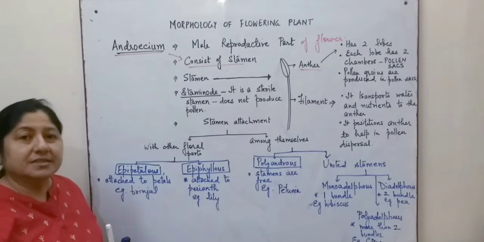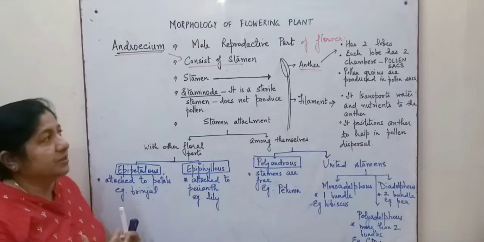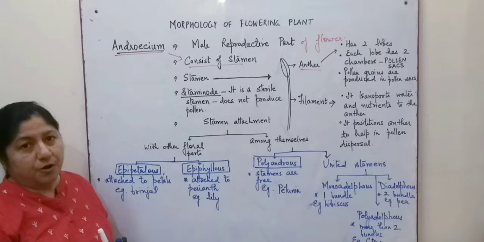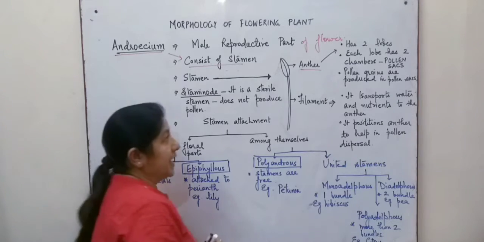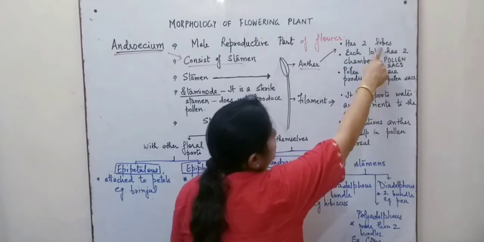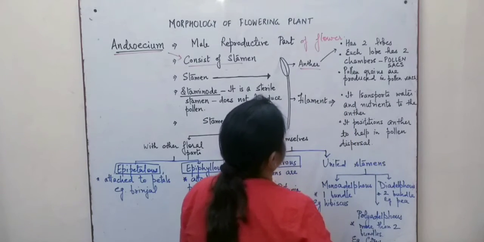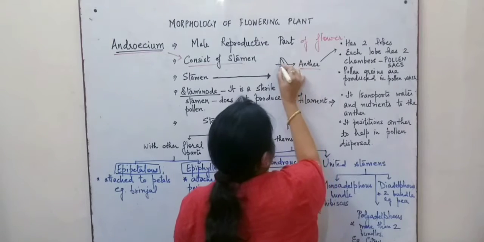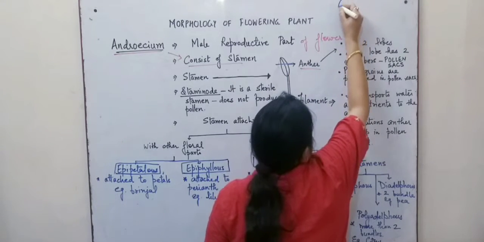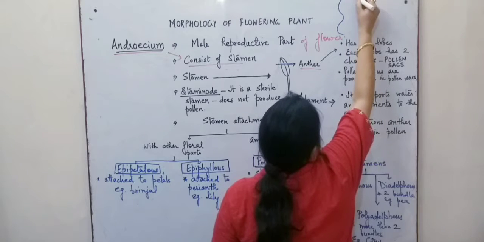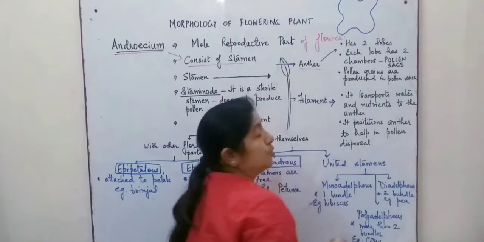Now let us understand what is exactly anther and how the anther is acting as a male reproductive part. Now the anther actually has two lobes. Now if we cut the anther like this and open the transverse section, the anther consists of two lobes.